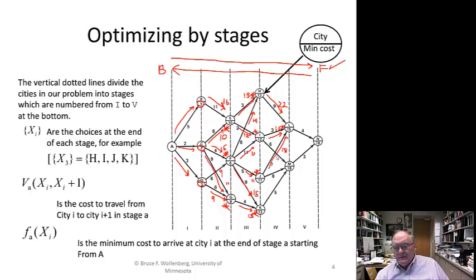6 to get from I to M, so to come down this path it's 6, and 12 is 18. To come here it's 11, and 18 is 19, and to come here it's 13, and 5 is only 18.